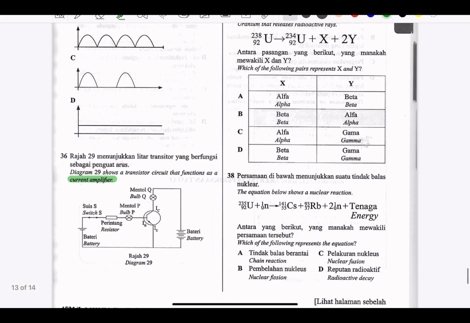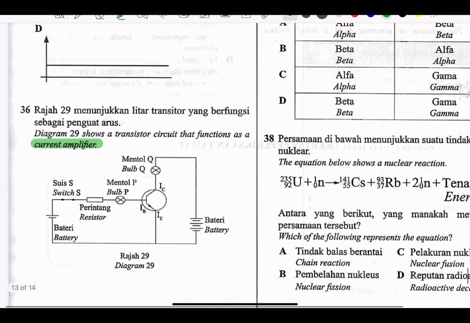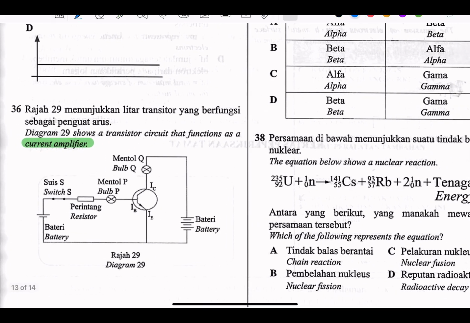P is dimmer than Q. P over here is dimmer. This will be brighter. Bulb P is connected in the base circuit and Q is in the collector circuit. So we know that a small change in the base circuit will cause a large change in the collector circuit.